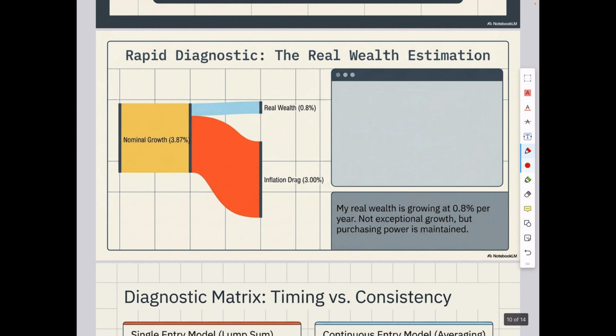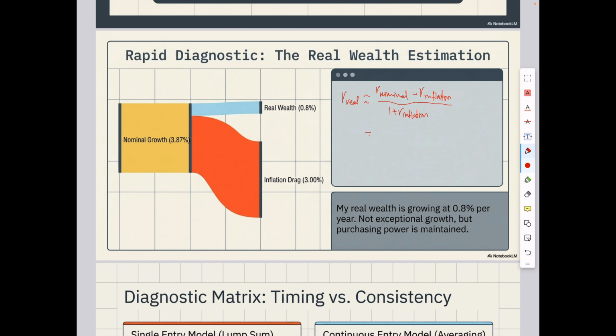So if you look at this wealth growth again, remember I have my inflation, I also have my wealth growth, right? We learned that R real is actually R nominal minus R inflation, divided by 1 plus R inflation.